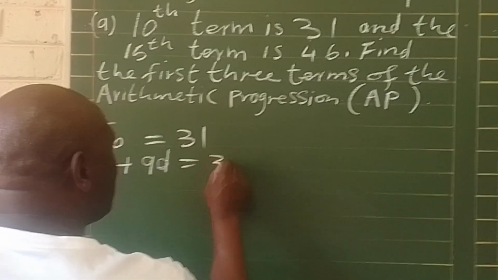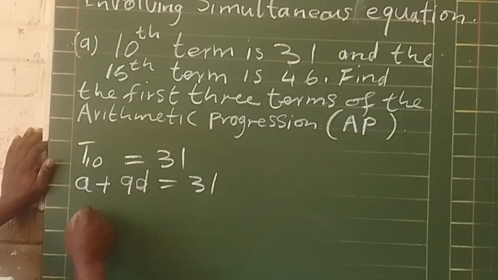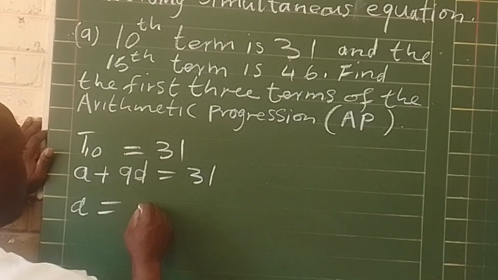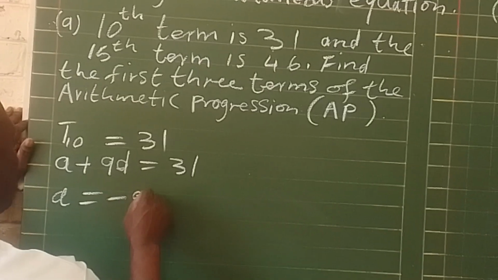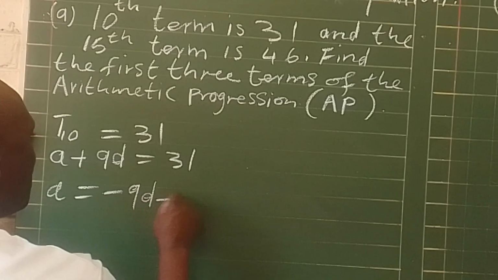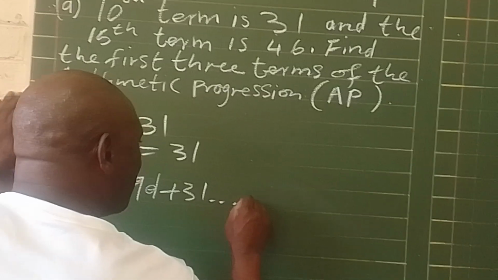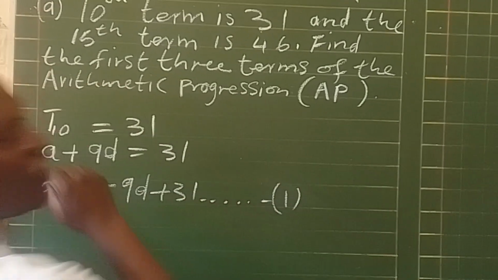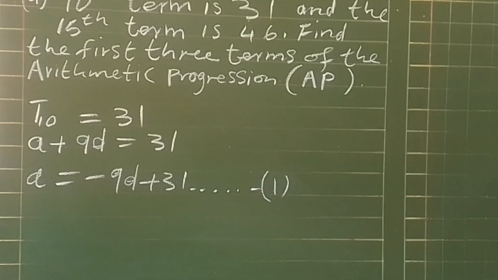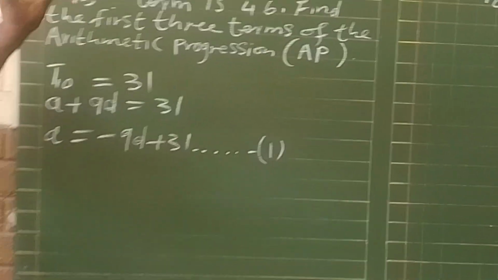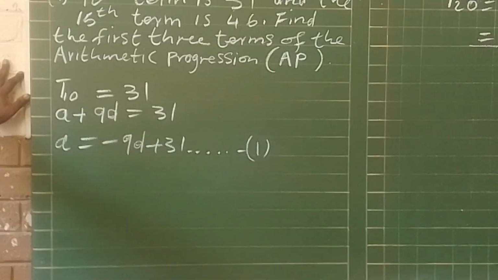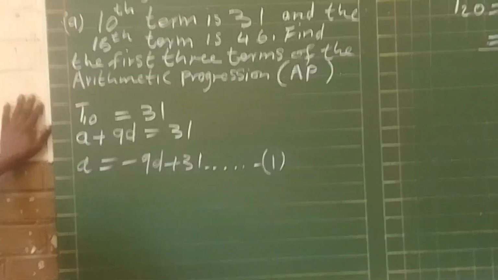Must give you what? 31. Then your a is equal to minus 9d plus 31. This is not new to you, but the simultaneous equation is not new.